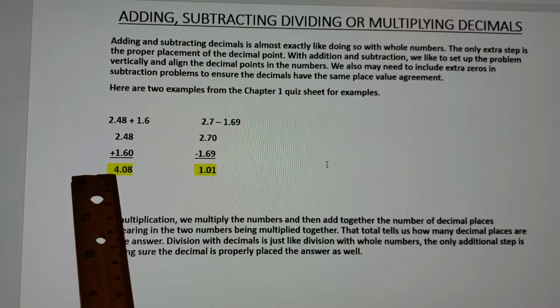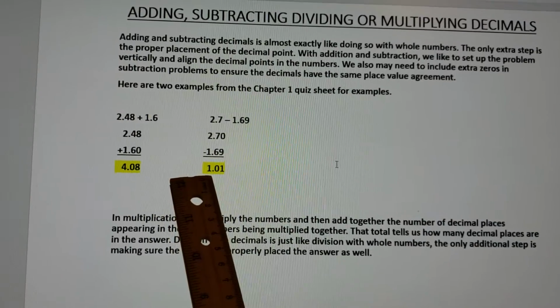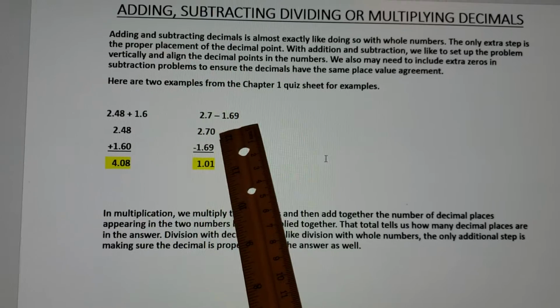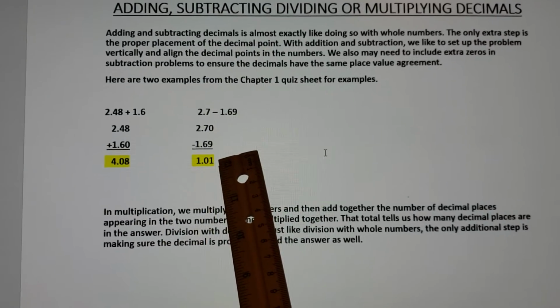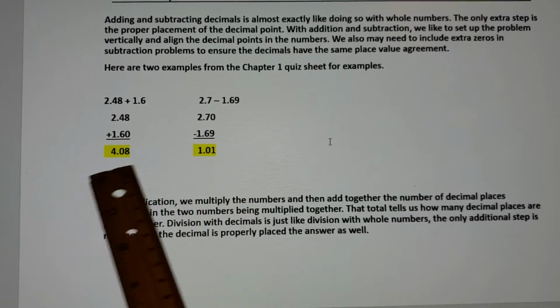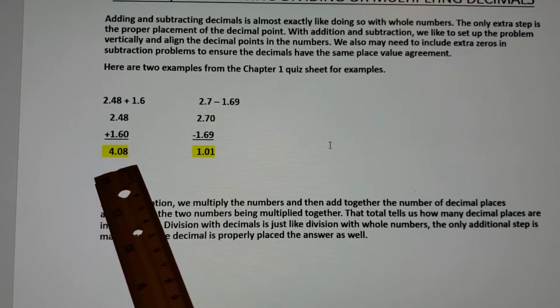I came up with 4.08, and over here for the subtraction problem, you can see where I had to add a 0. You may have to do that for your subtraction problems. That's the main thing with these, the proper placement of the decimal point.